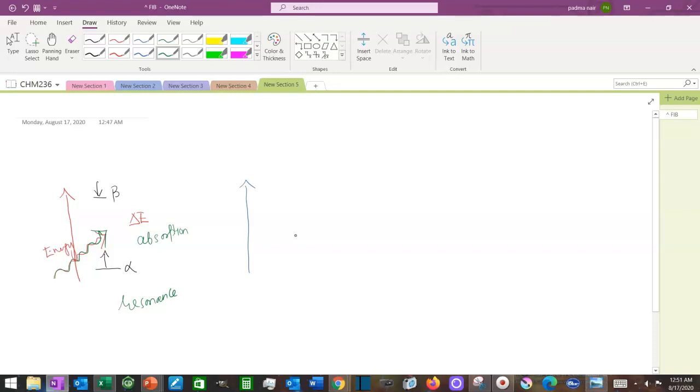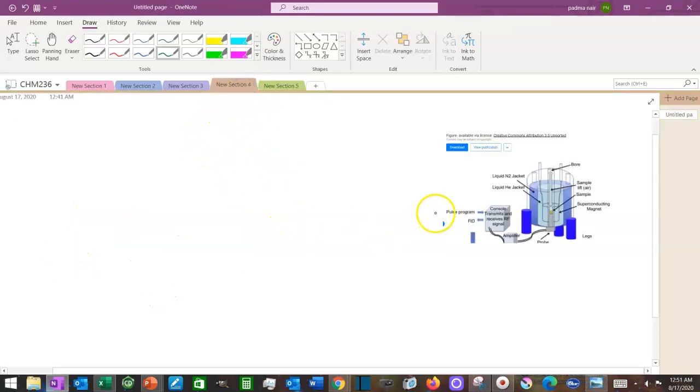Okay, so generally the NMR spectrometer. Here I have a picture of an NMR spectrometer, and this is how it looks. The inside view of the spectrometer is shown here. So generally what we have is a big tank of liquid nitrogen.